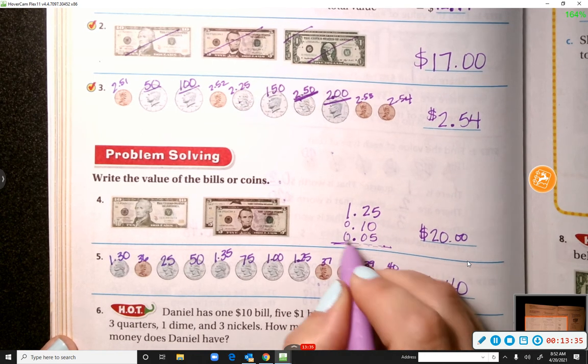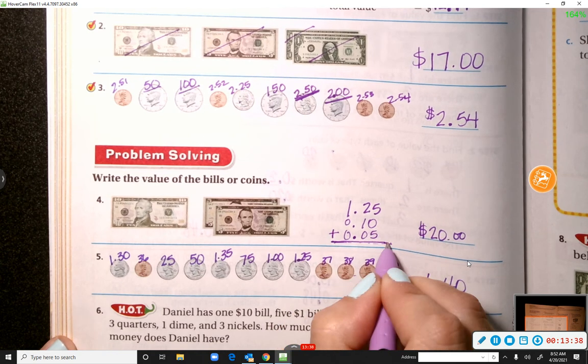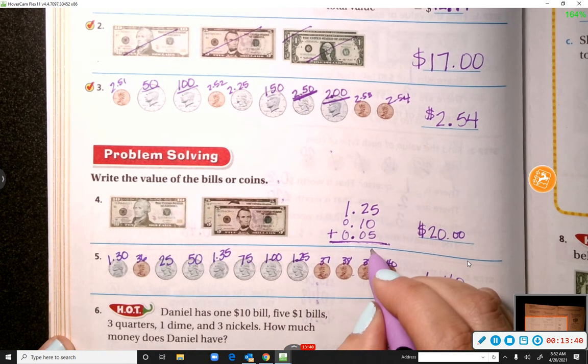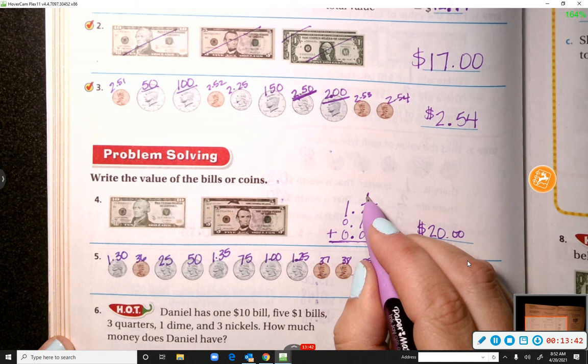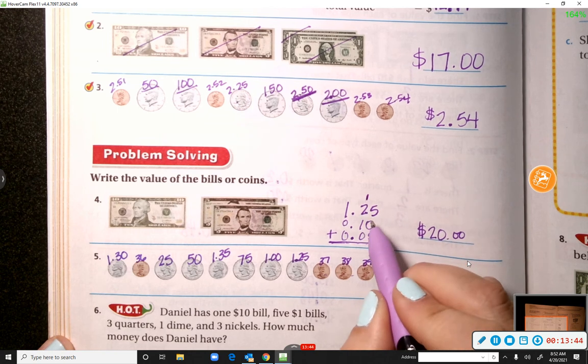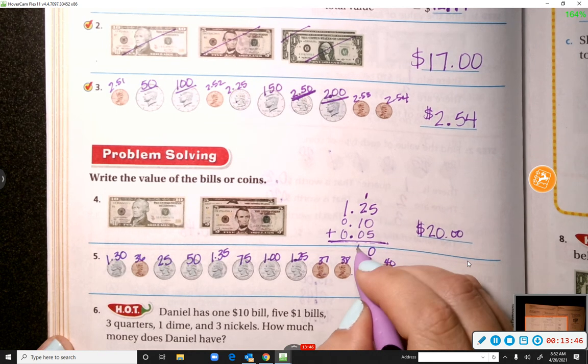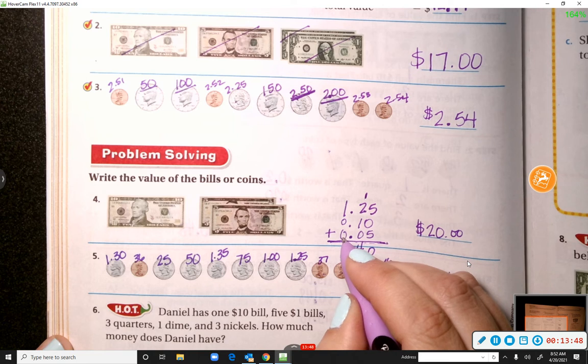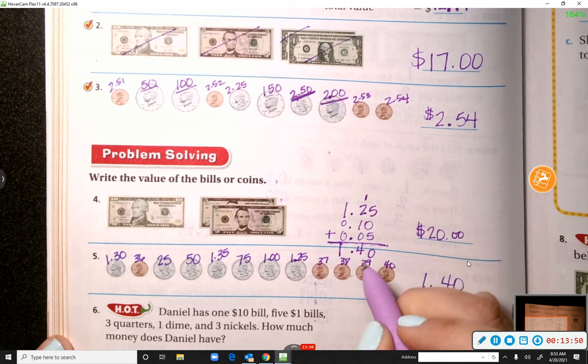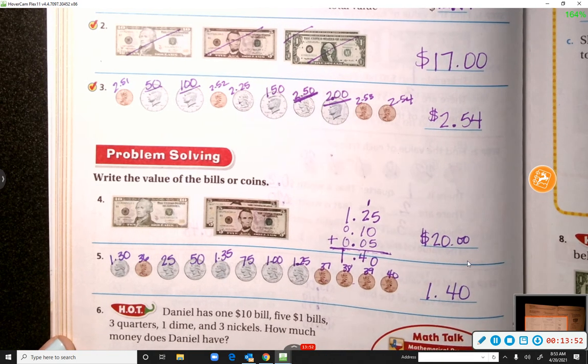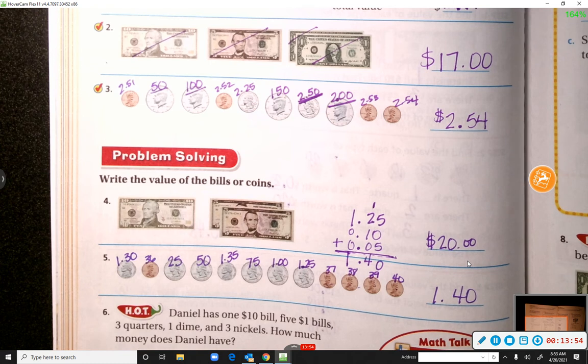Add them up. 5 plus 5 is 10. Carry the 1. 1 plus 2 is 3. Plus 1 is 4. 1 plus 0 is 1. So same answer, just showing you 2 different ways to do it.